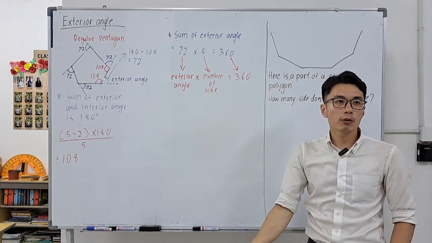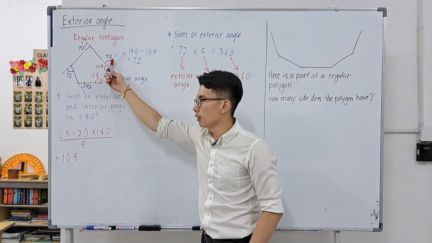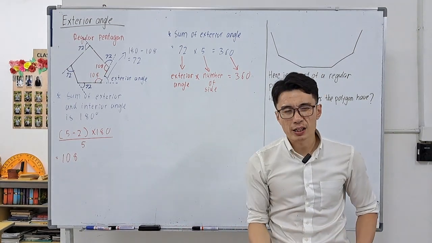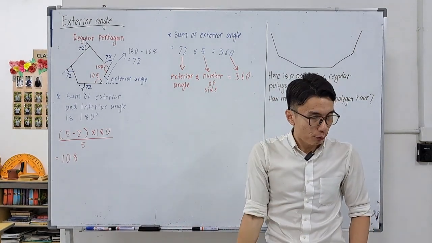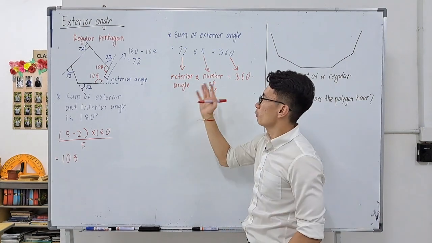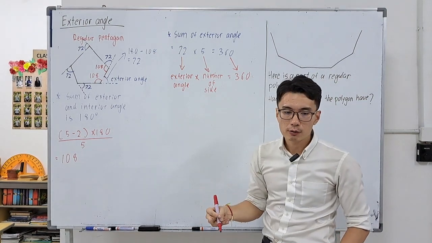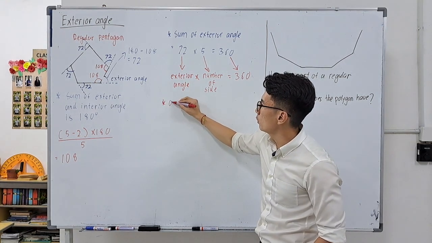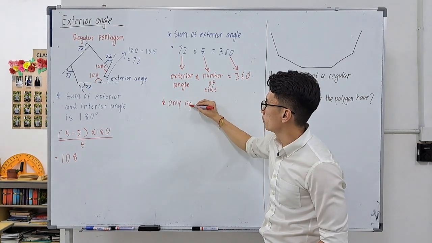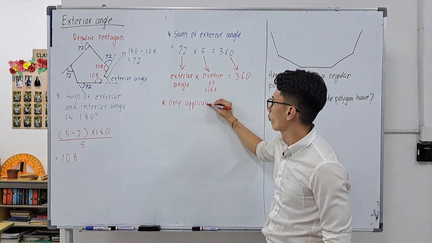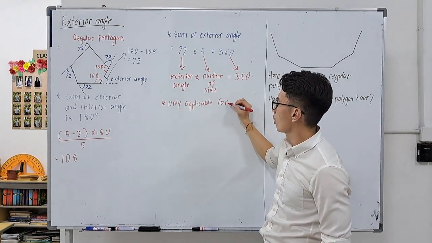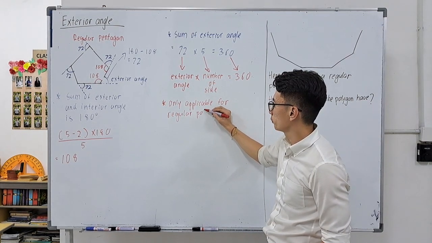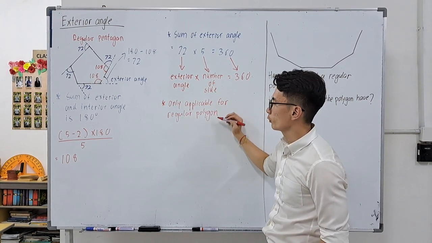Because regular polygons have the same exterior angle, whereas irregular polygons have different exterior angle, but they still add up to 360, but we can't use the formula for that. Alright? So over here, we say that this one is only applicable for regular polygons. Okay?